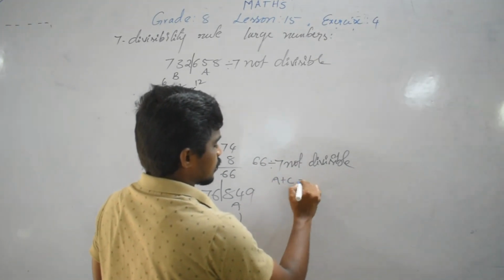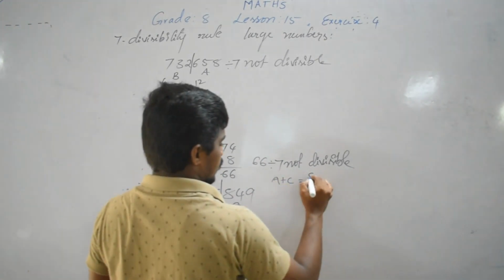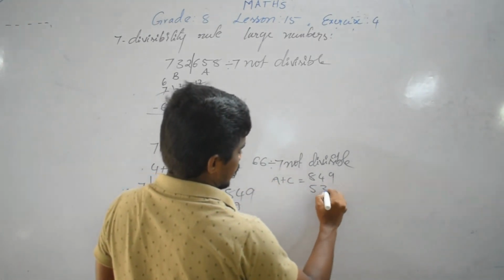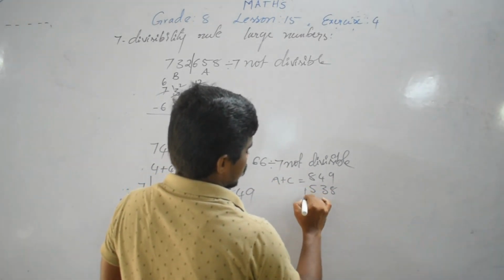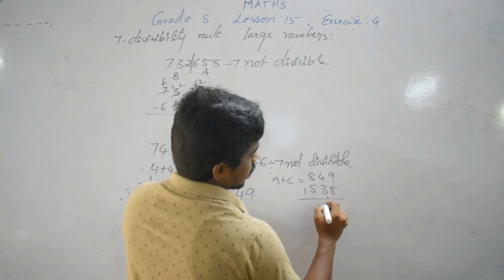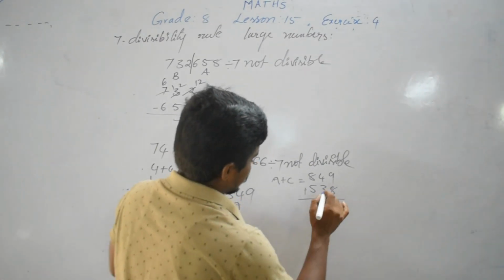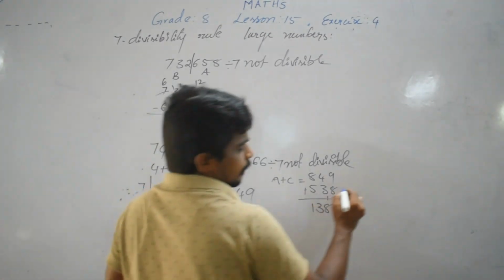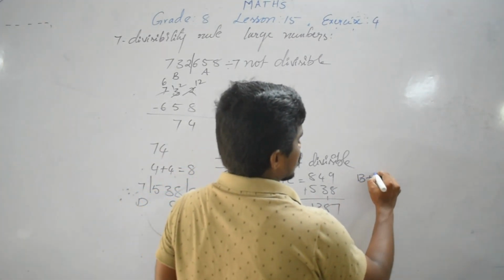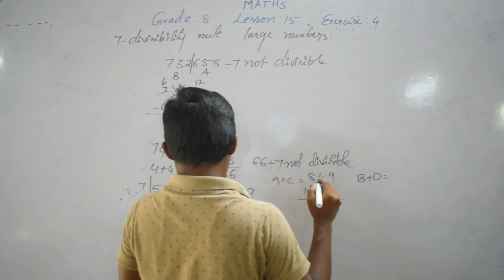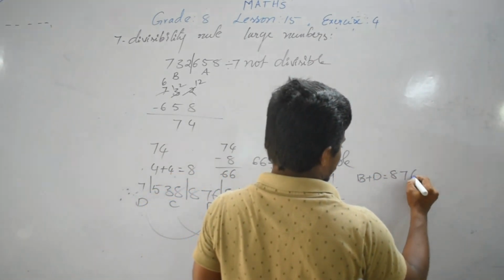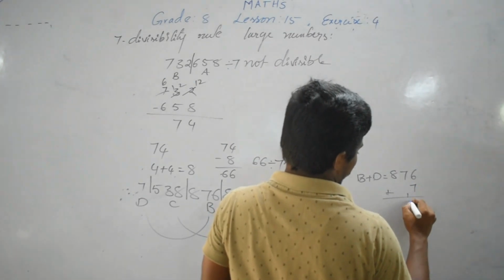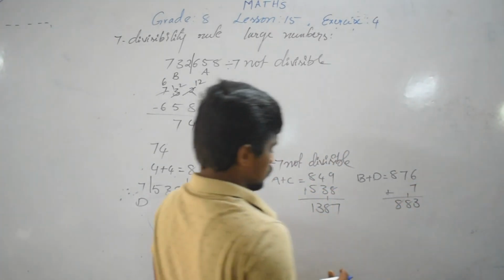A plus C: 849 and 538 gives 1387. Next, B plus D: 876 and 7 gives 883.